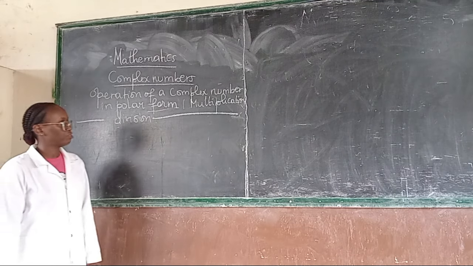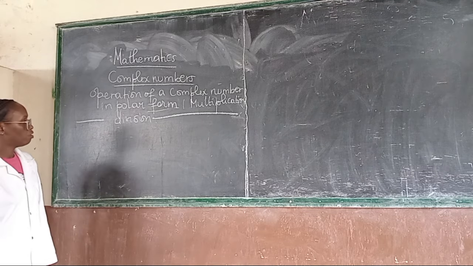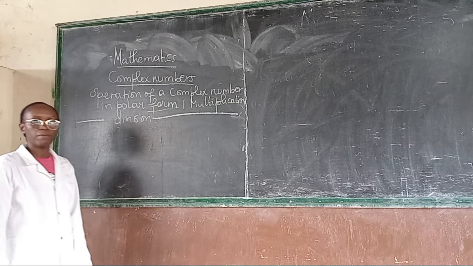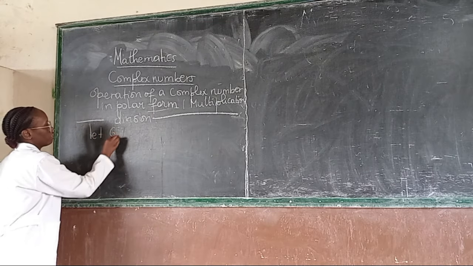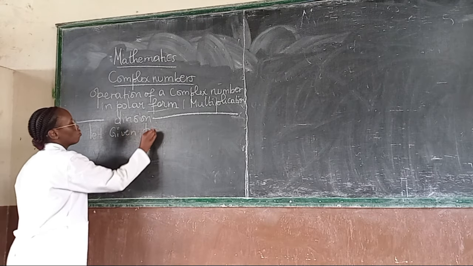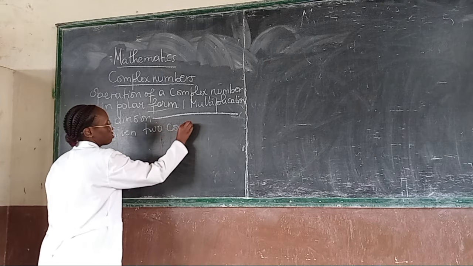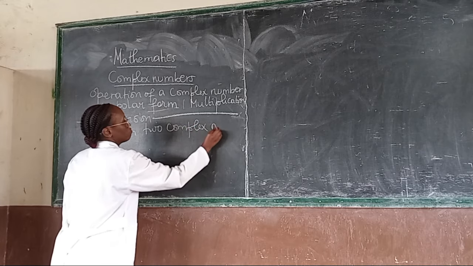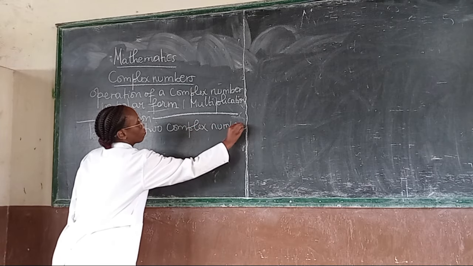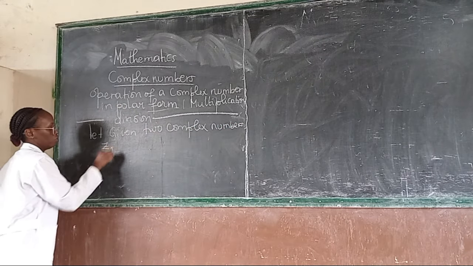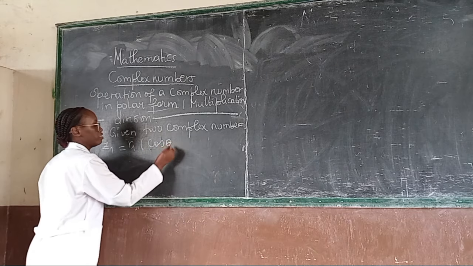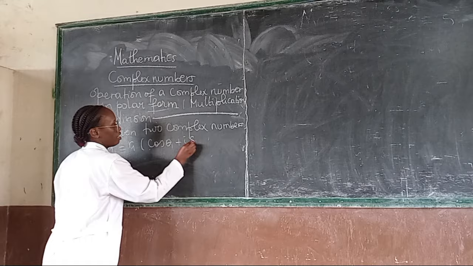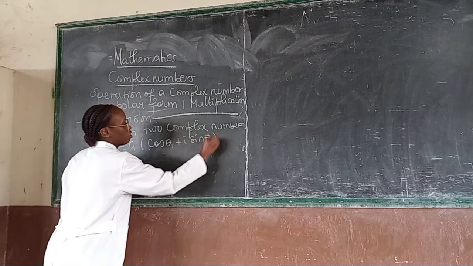Now we are going to continue our lessons about operation of complex numbers in polar form. So let's give two complex numbers. We have z1, which is equal to r1 (cosine theta 1 plus i sine theta 1).